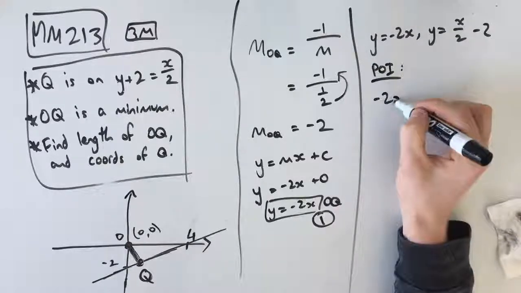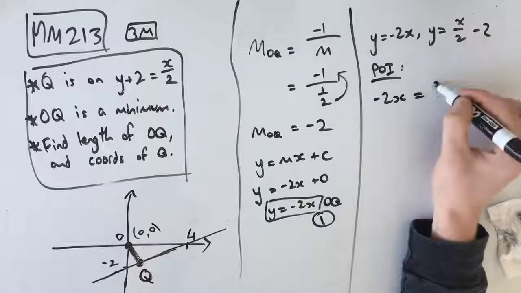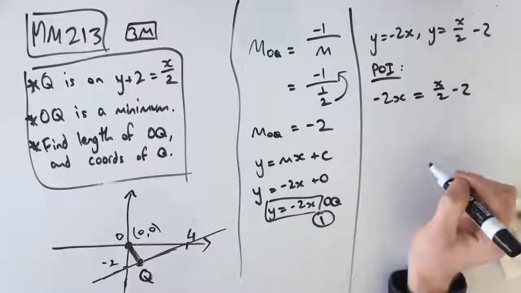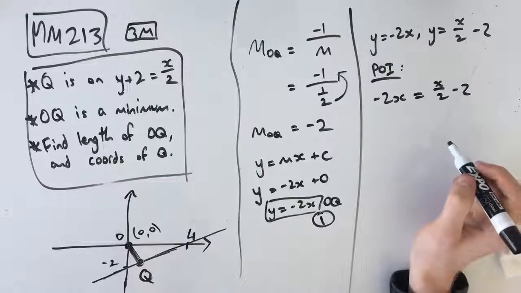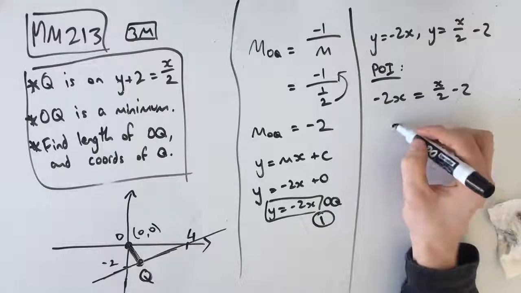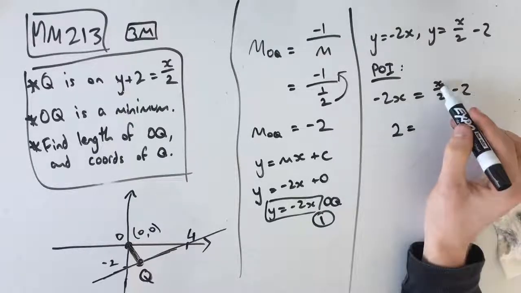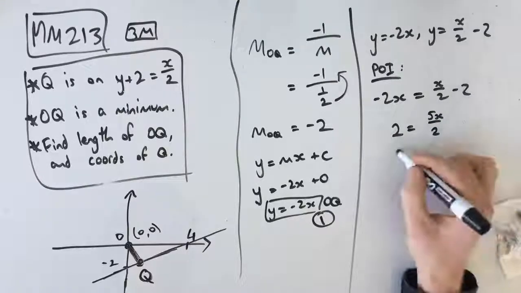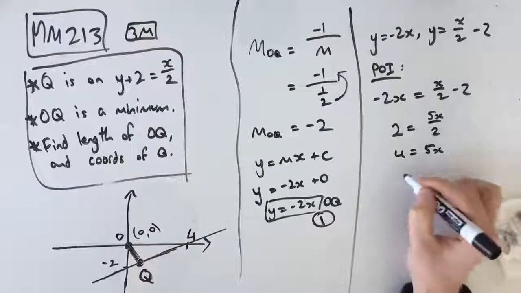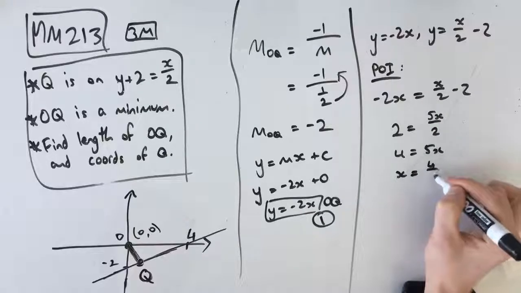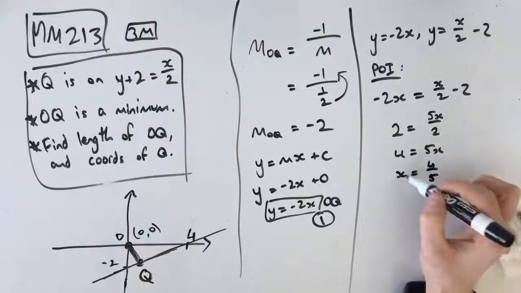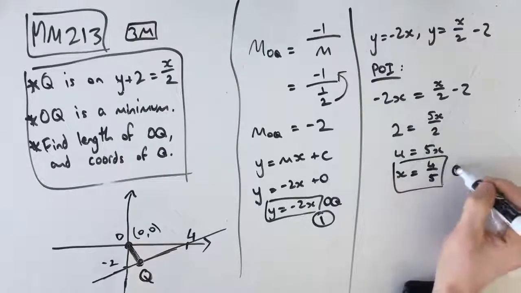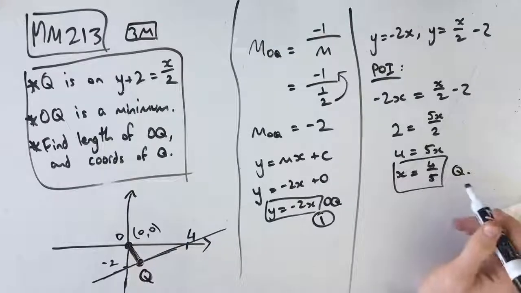So that means that -2x equals x on 2 minus 2. Sweet. From here, this 2 is going to come over here to be equal to 2, and then x on 2 plus 2x is 5x on 2. From here, we can just rearrange to get 4 equals 5x, and then x equals 4 over 5. So we know that our x coordinate for Q is 4 on 5, right?